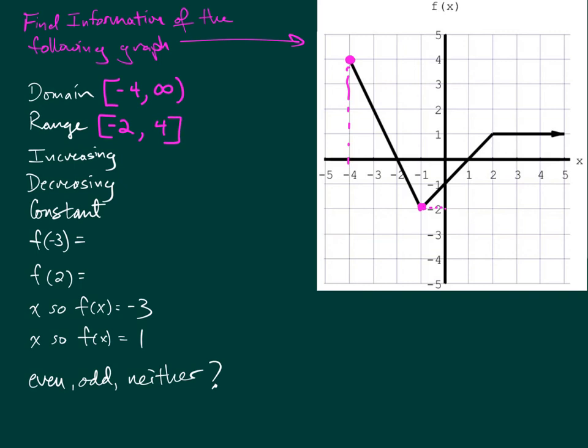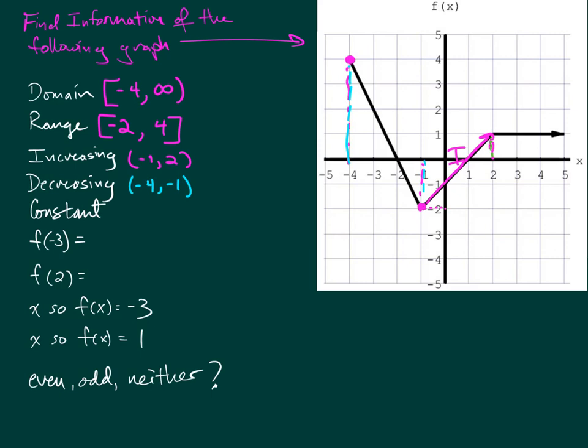The graph is increasing between -1 and 2. Right here, it's going up. So the increasing interval will be -1 to 2. The decreasing interval will be here from -4, that's where it starts, all the way over until -1. That's when it stops. And the constant interval is right over here, where it's flat.